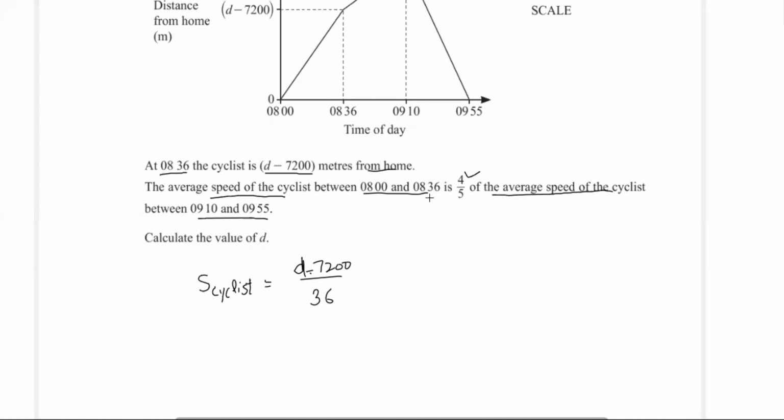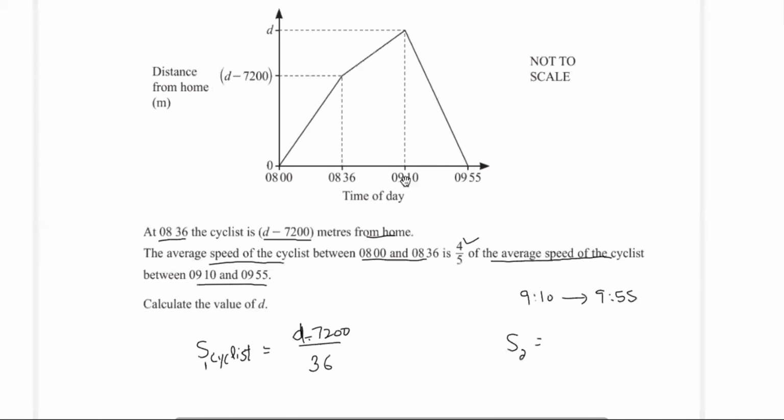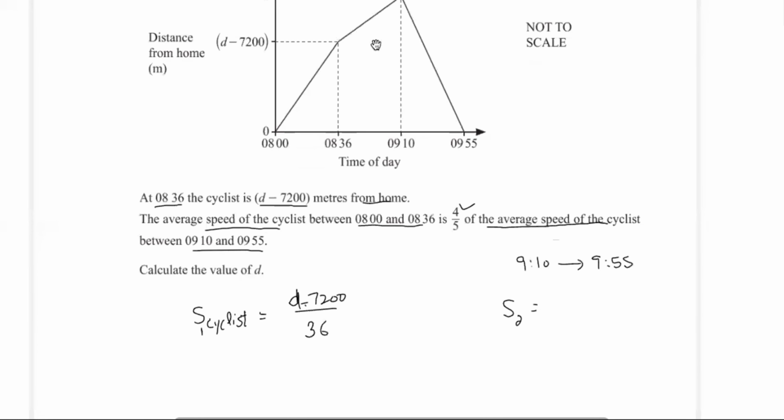Next interval, the cyclist speed between 9:10 to 9:55. Speed is distance over time. You see here the distance from 9:10 to 9:55. At 9:10 the distance is d meters away, and at 9:55 he reaches the starting point. Therefore, the distance is d.